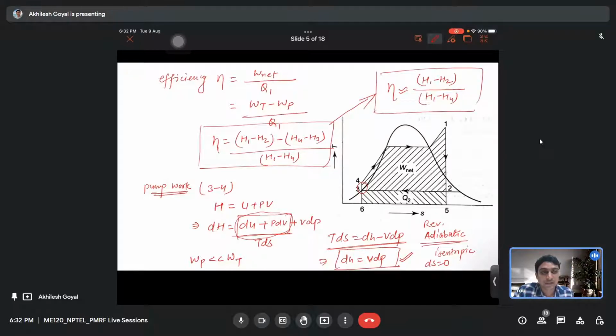It can also be written like this because here the pump work is negligible compared to the turbine work we receive. Okay.